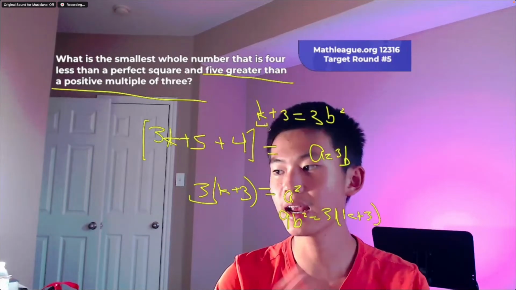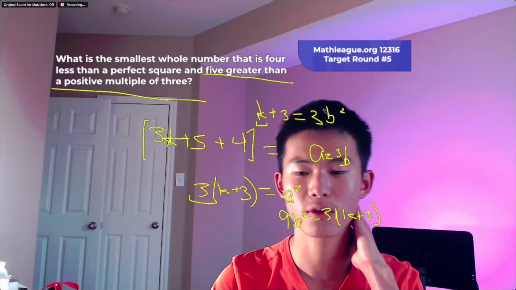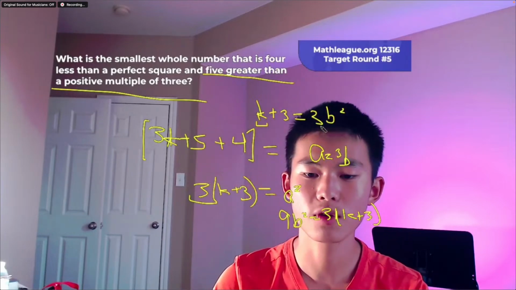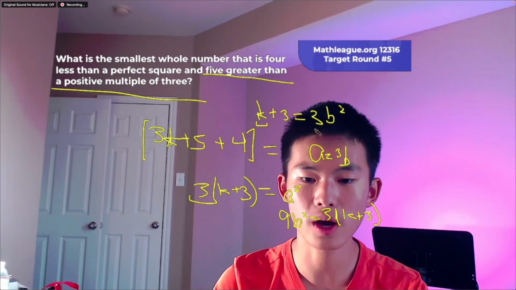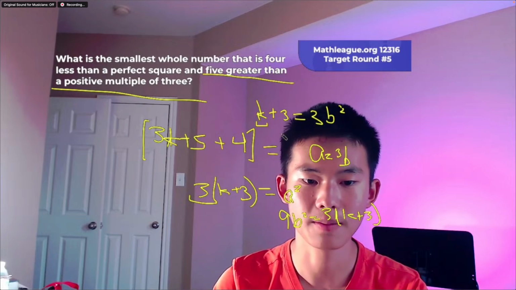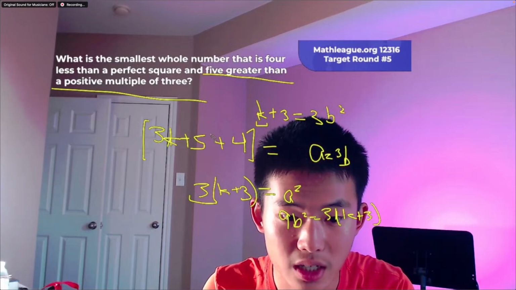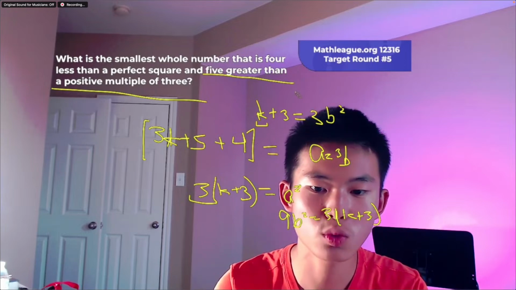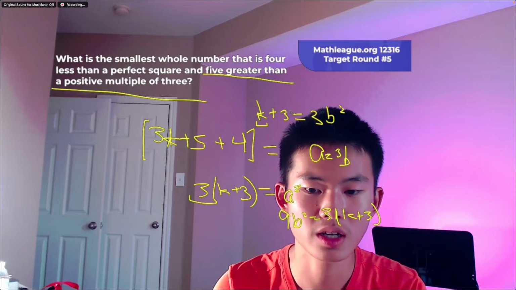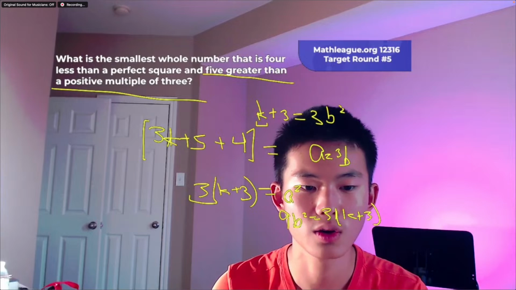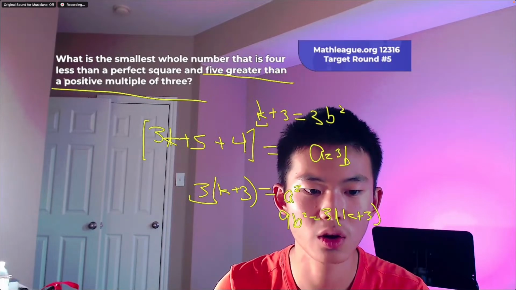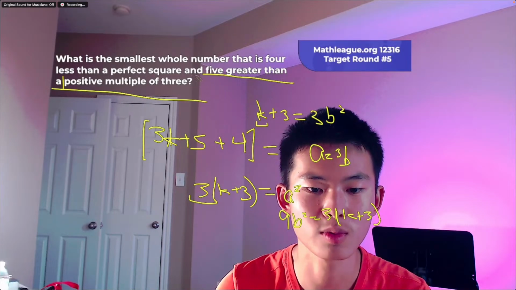And now we just want the smallest whole number, so the smallest possible value of k. To test smallest possible values of k, we can first look at values of b, right? For instance, we know that if b is 1, then k is 0. Just to check, so if b is 1, k is 0. But then if k is 0, then 3k would not be a positive multiple of 3.